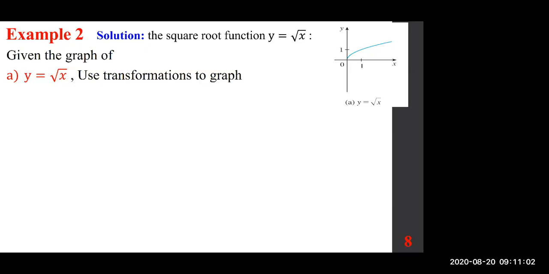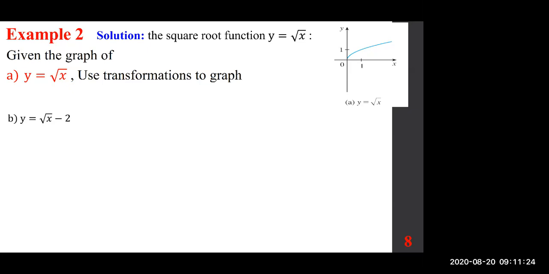Now let's do the transformation by looking at part B. Part B says, okay, we want to look at y equals square root of x minus 2. That means look at the given graph. We always go back to that original graph, part A. Now, all we have to do is shift it down by 2 units.